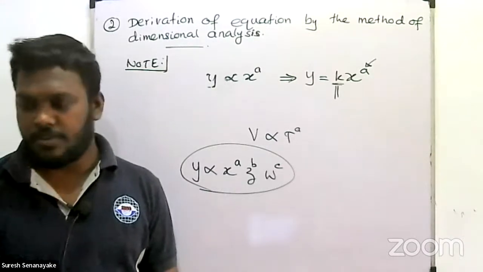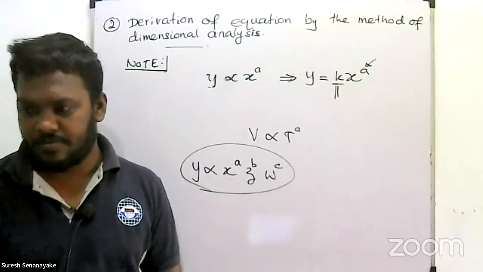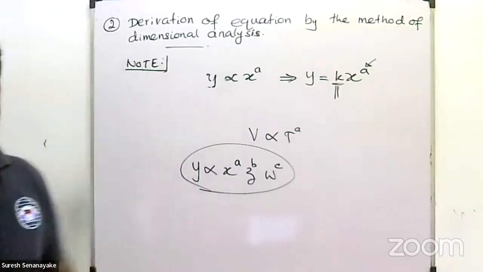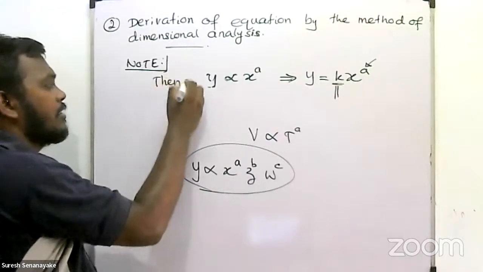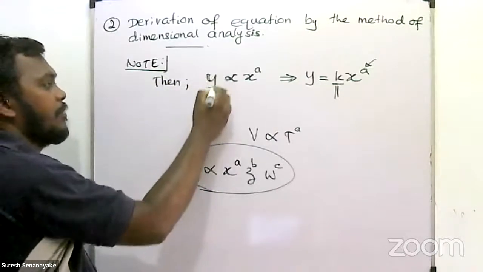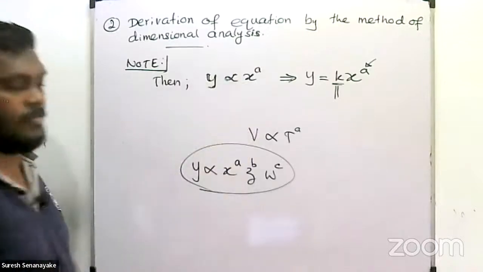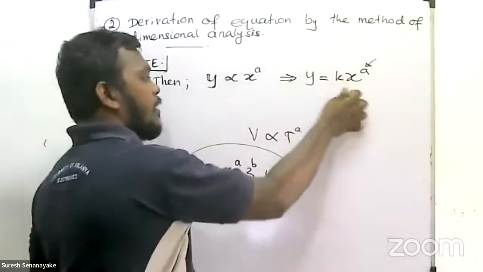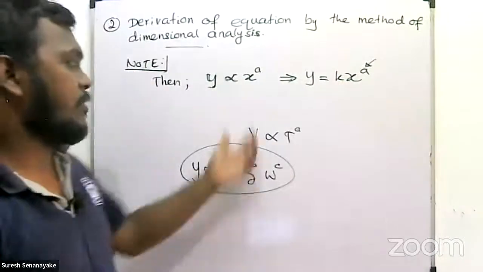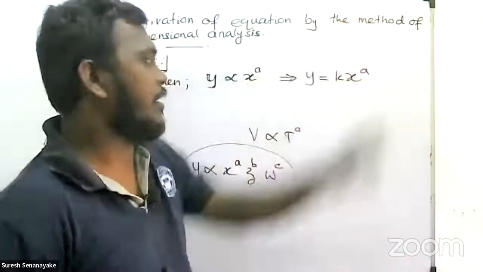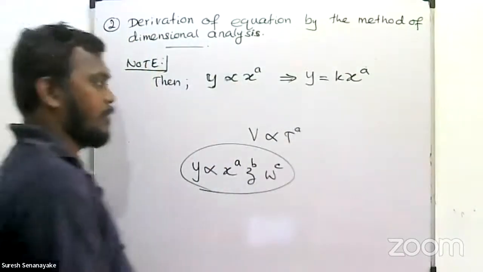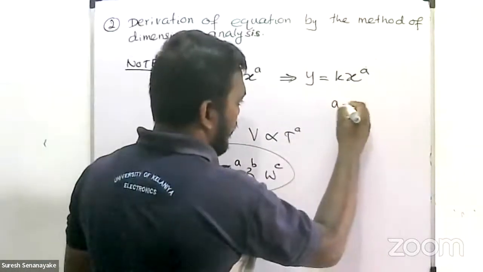Then it can be written that y is proportional to some power of x. Hence you can write that y equals k x to the power a.